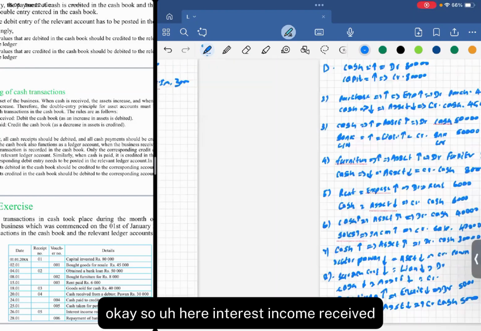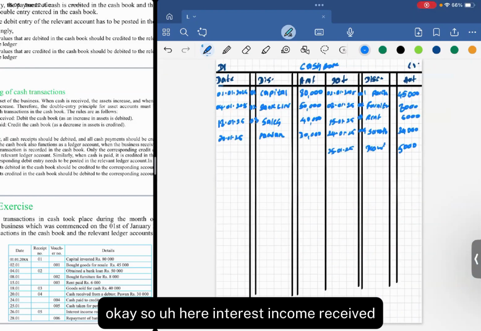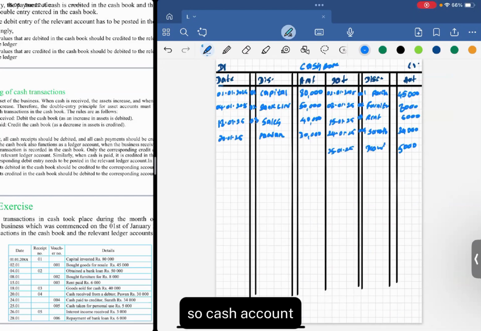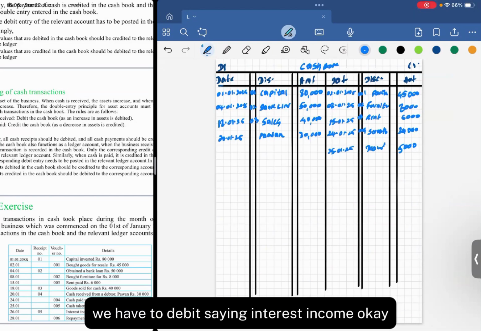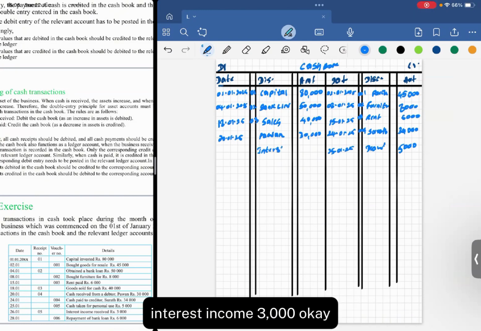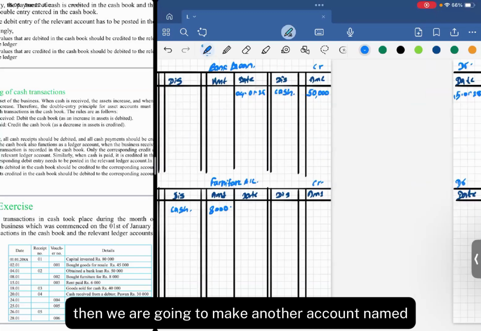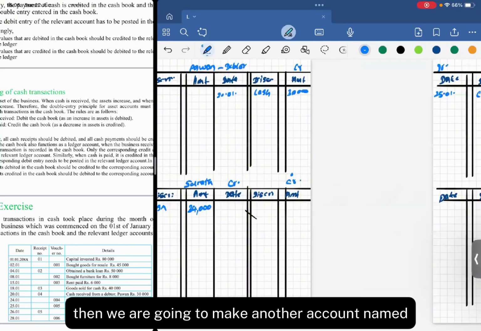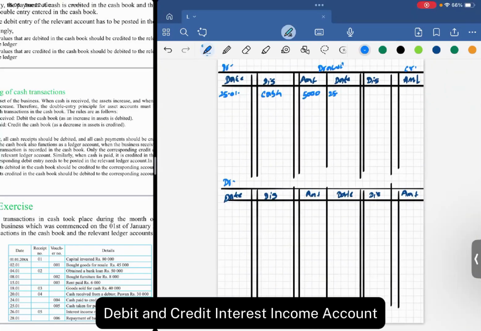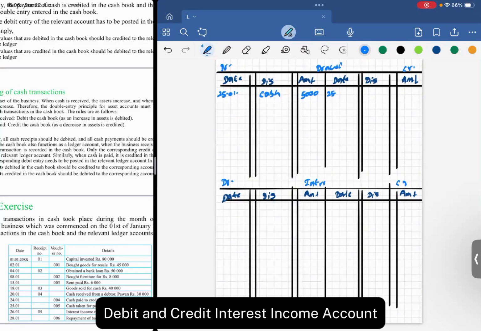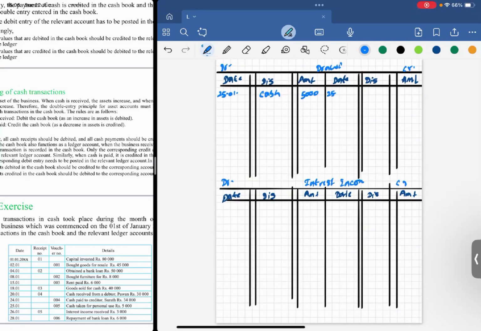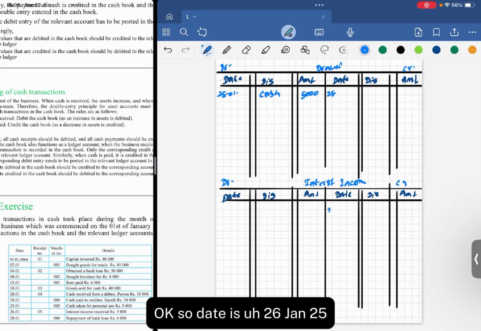Okay, so here interest income received: we debit the cash account, saying interest income, 3,000. The date is 26th Jan 2025. Then we make another account named interest income account, with debit and credit sides. The date is 26 Jan 25.